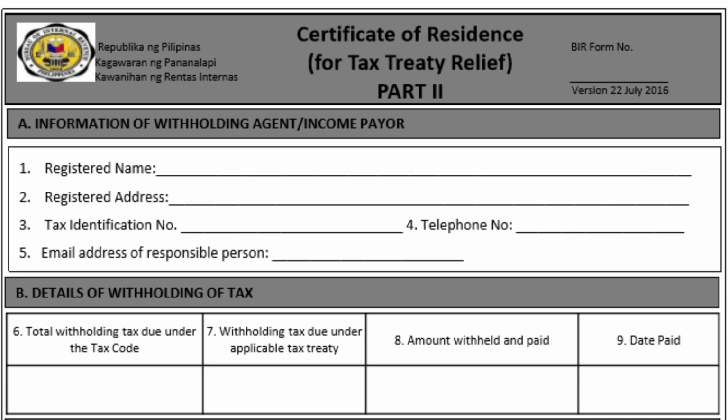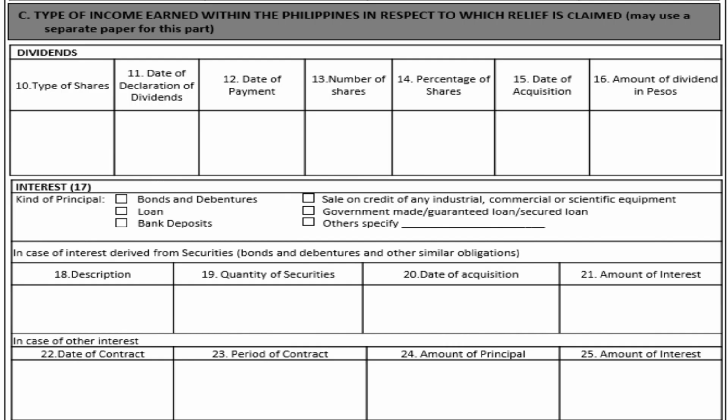Total withholding tax due under the tax code. How much is the amount? Withholding tax due under applicable tax treaty. Okay. Amount withheld and paid and the date paid. Type of income earned within the Philippines in respect to which relief is claimed. Okay, so may use a separate paper for this part.